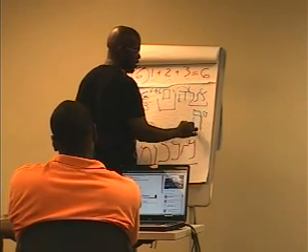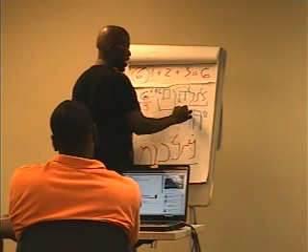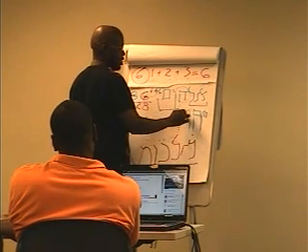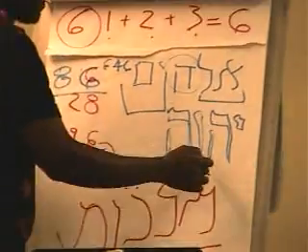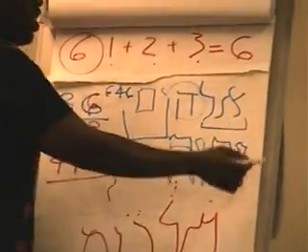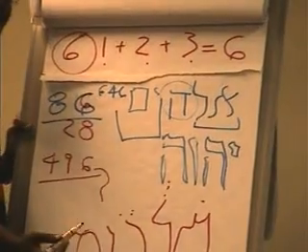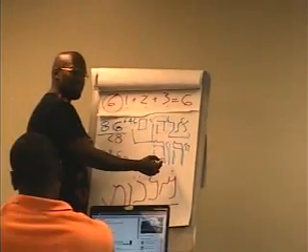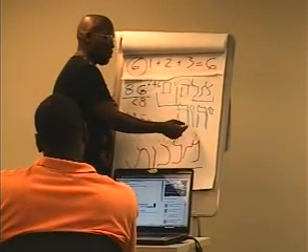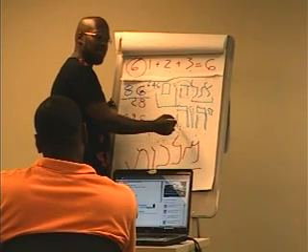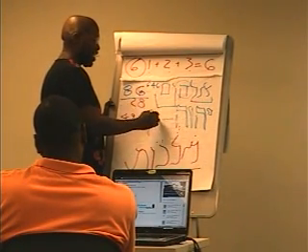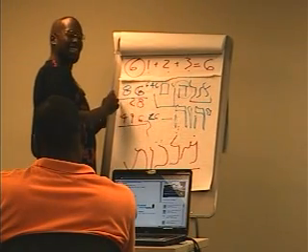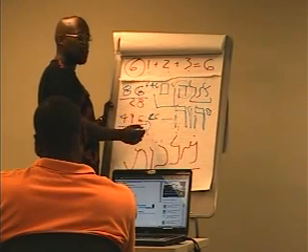Yod, Heh, Vav, Heh: 10 plus 5 is what? 6 plus 5? 26. Hold on. Now what the hell? Elohim equals 86. Yahweh equals 26.